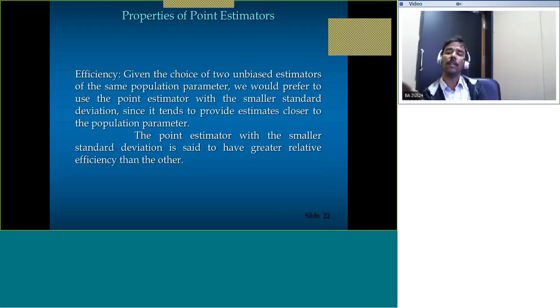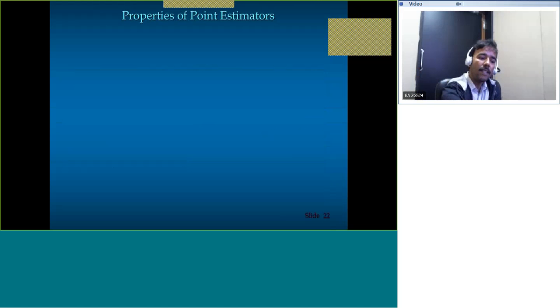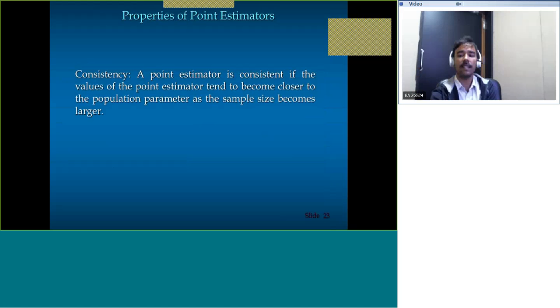But for a given population parameter, there may be many unbiased estimators, of which one unbiased estimator will have the smallest variance or smallest standard deviation. That unbiased estimator is known as efficient. I'll give you the examples. I'll come to that. The last one is consistency.